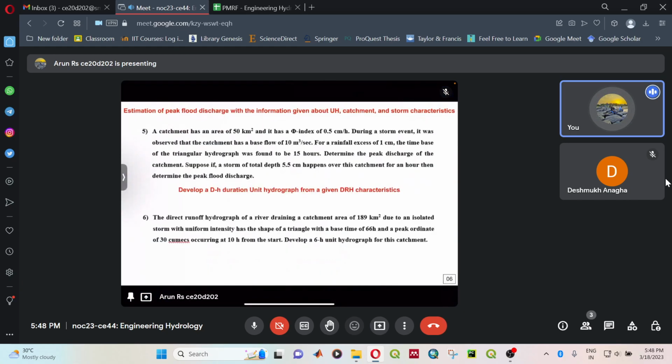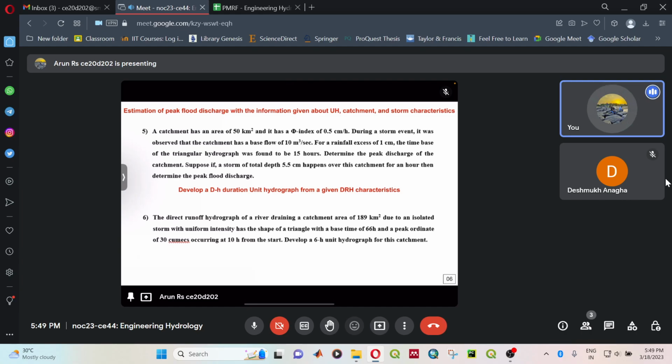So we'll see the next two questions. The fifth question is similar to the second problem which we saw earlier. Here the catchment has an area of 50 square kilometer, and phi index is given as 0.5 centimeter per hour.